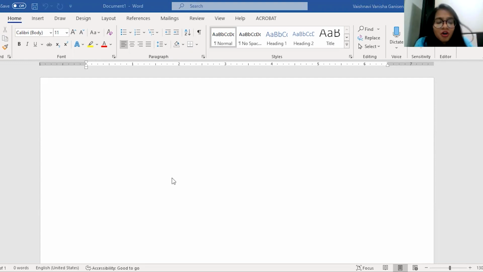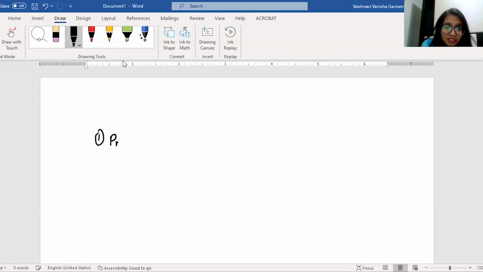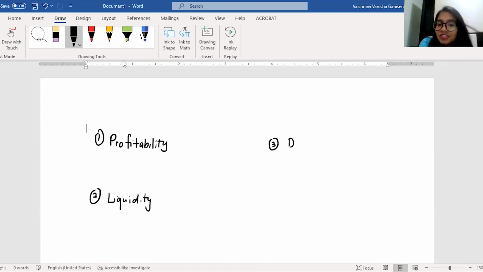So, based on the four categories of the ratio: number one, profitability. Number two, liquidity. Number three, debt ratio. And number four, shareholder ratio.